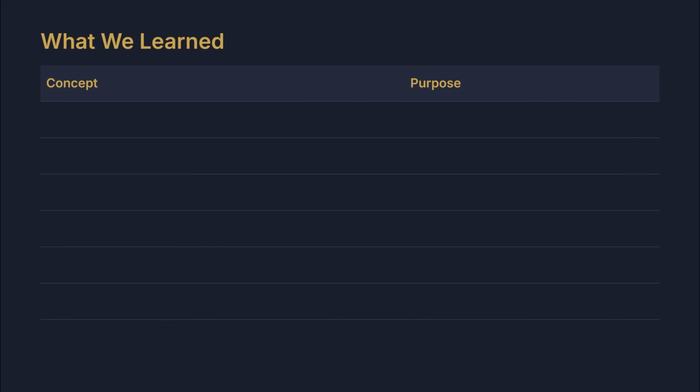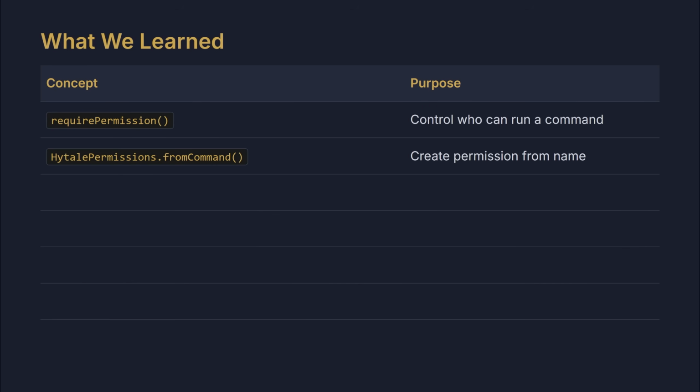So let's quickly summarize what we have learned. We have learned the concept of require permission, which controls who can run a command. We know that we use the class Hytale permissions and then the method from command to create permissions from a name. We can use permission rules with methods like or to build complex permission logic.